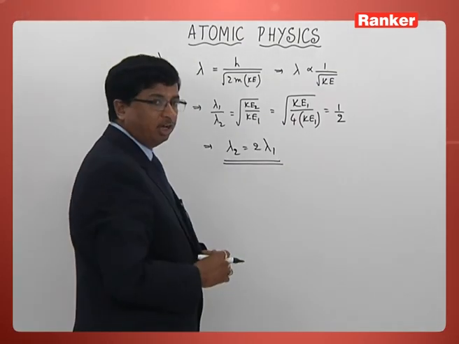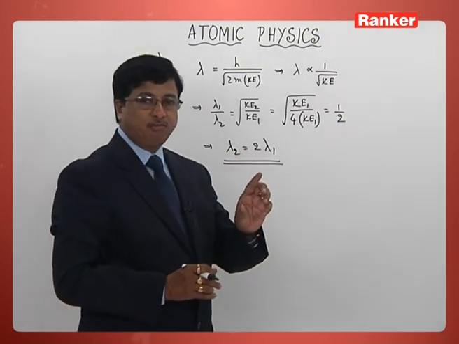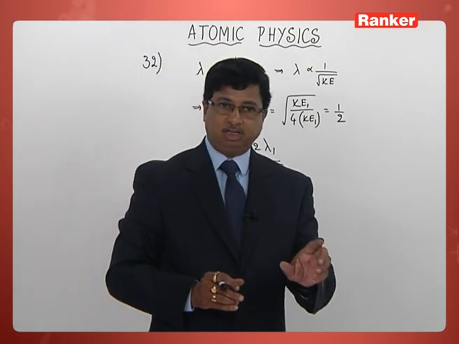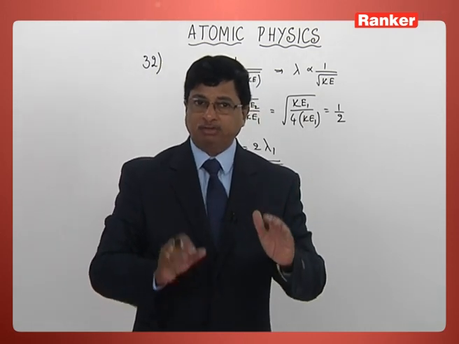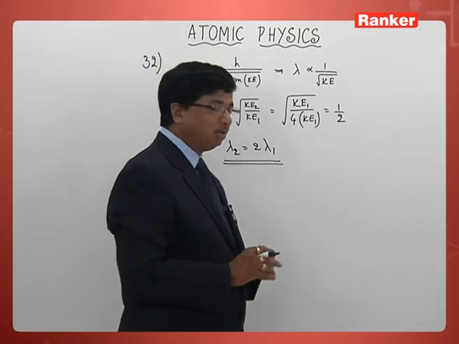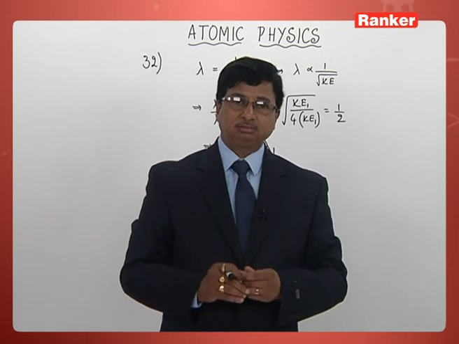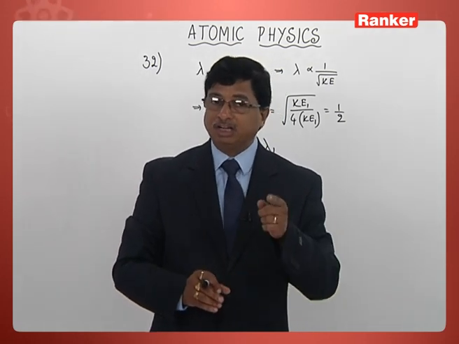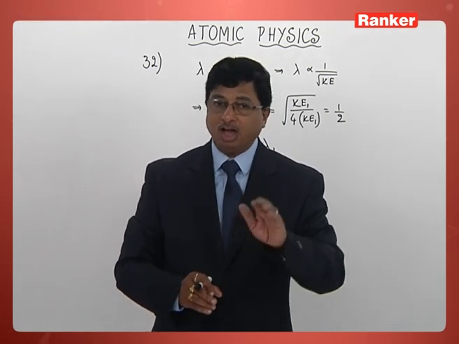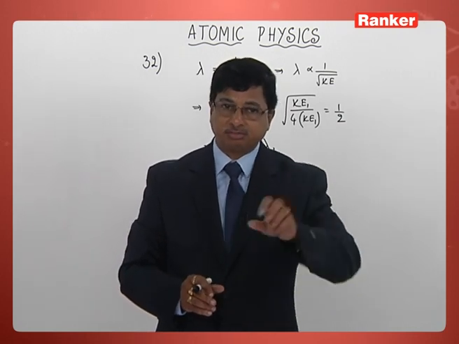Observe the condition carefully now. Initial wavelength was lambda 1. The de Broglie wavelength initially was lambda 1. Now it is 2 lambda 1. Can't you understand? It is being doubled. Doubled means, in terms of percentage, how much? 100% rise.